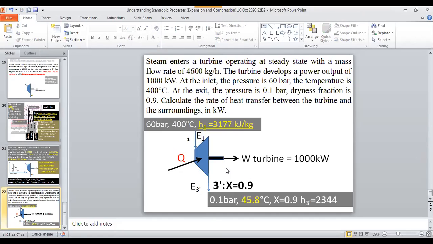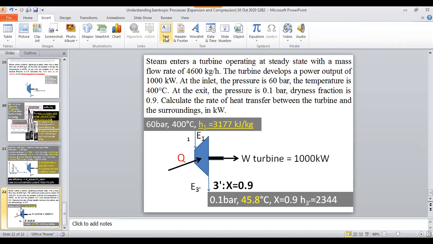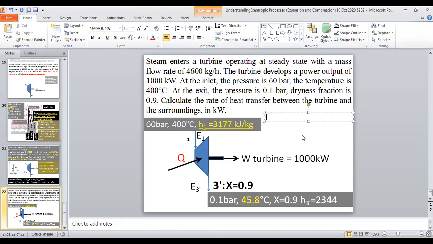So energy, you know, in the first law of thermodynamics, energy cannot be created, cannot be destroyed. So energy has something like a conservation property.